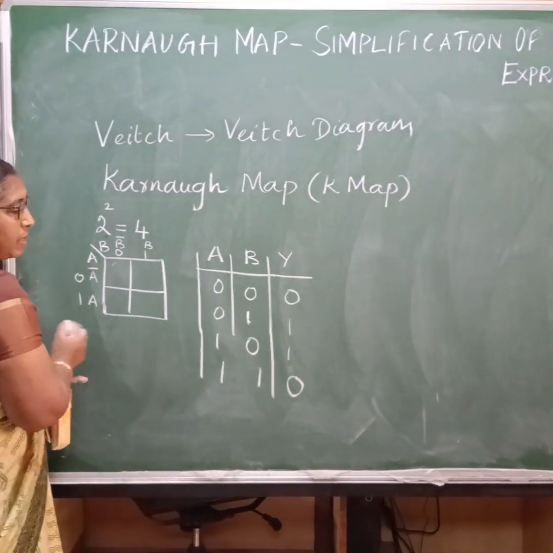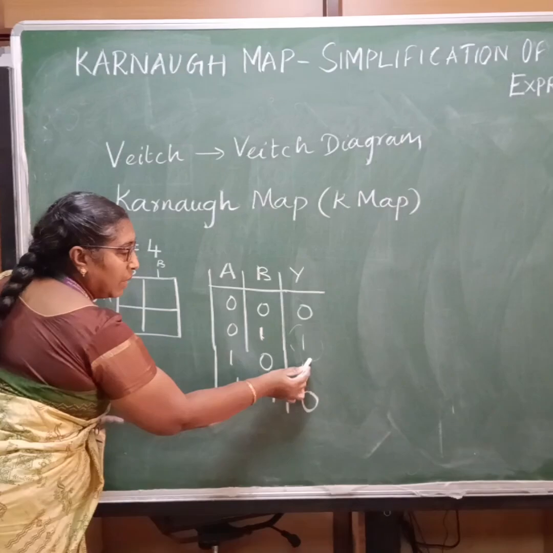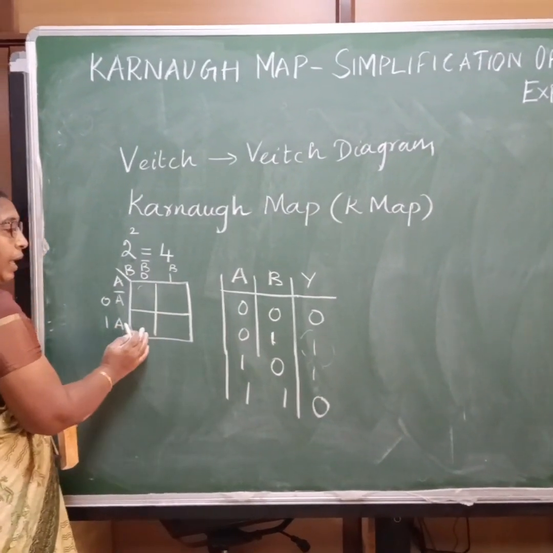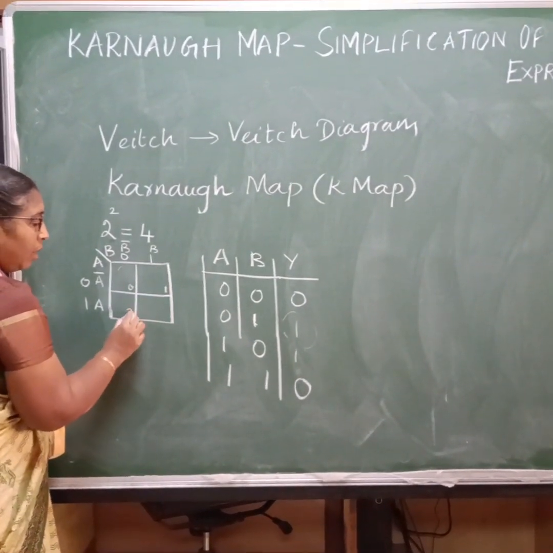Wherever you have ones in the truth table, we will represent them in the K map. Let us consider the cell numbers 0, 1, 2, 3.